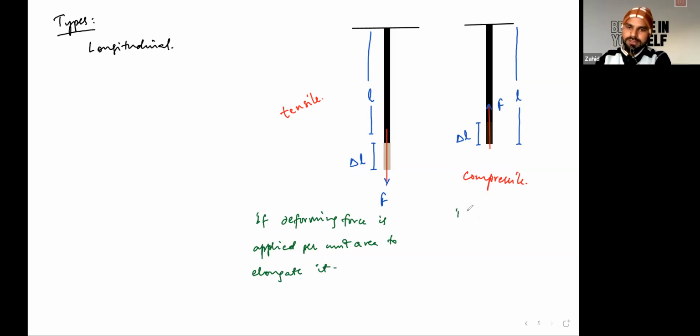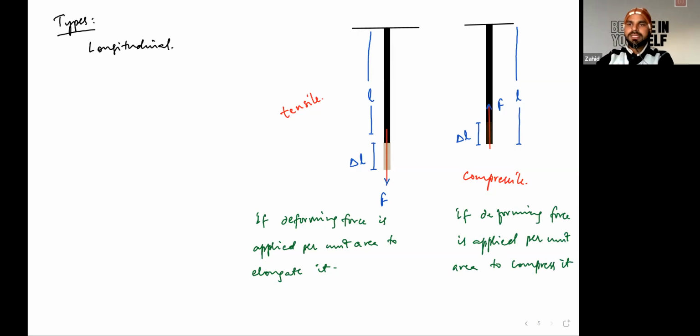And second, you will say if a deforming force is applied per unit area to compress it, that's called compressive stress. In both cases, the formula is the same, deforming force per unit area, but there is only a change in the direction or manner of acting of the deforming force.